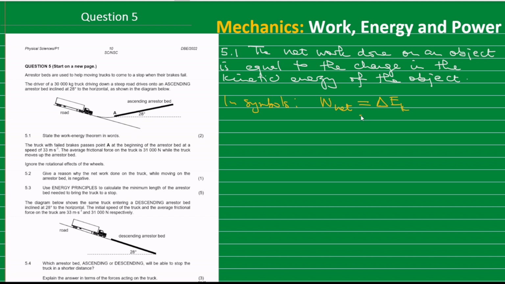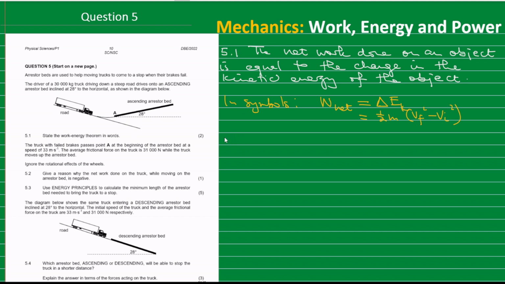We know that change in kinetic energy, we write this as half m times V final squared minus V initial squared. We know that kinetic energy is the energy that an object has due to its motion. So stating the theorem, you state it in this way.